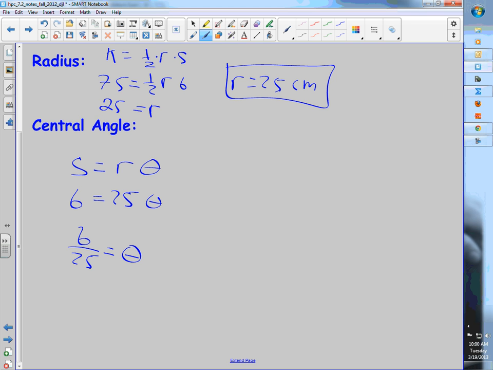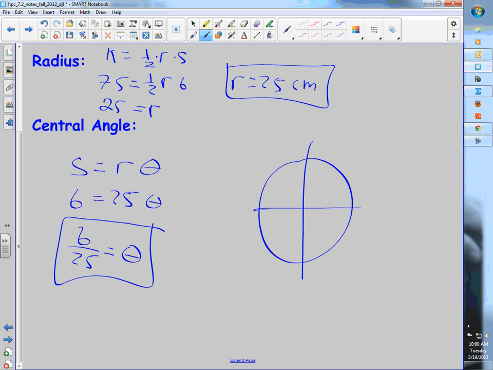Of course it can be right, because when you talk about this, this is pi over 2, this is 3 pi over 2, and this is 2 pi or 0. It's a unit of measure.